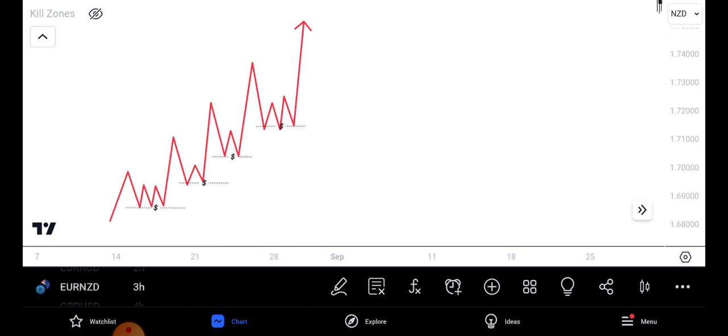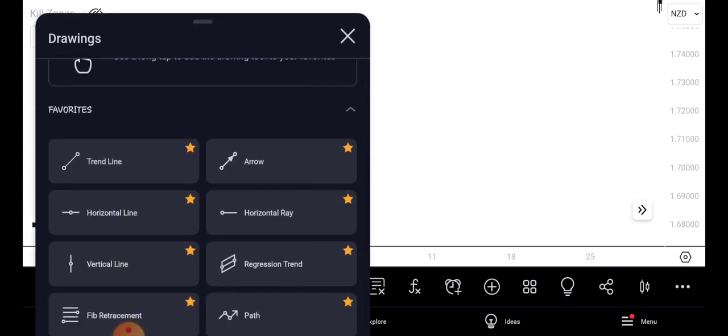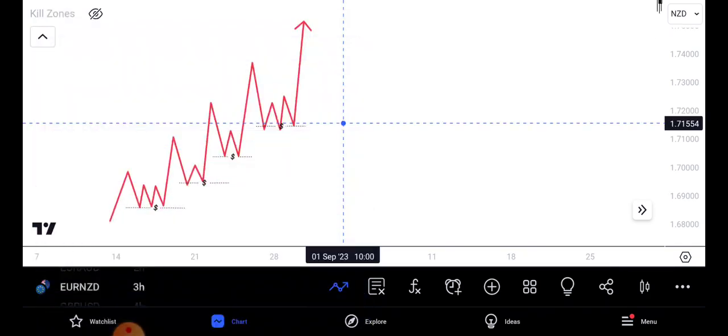Remember I said to you guys that the market is designed to move towards liquidity. If I've not stated it, I'm stating it right now.